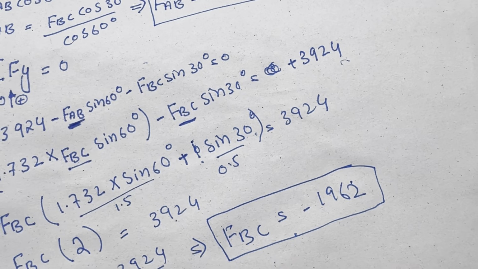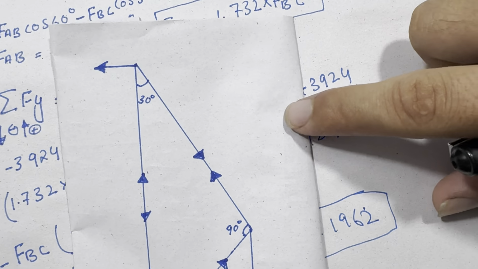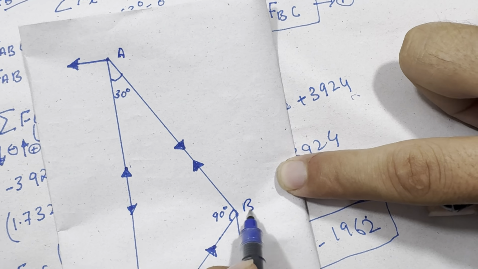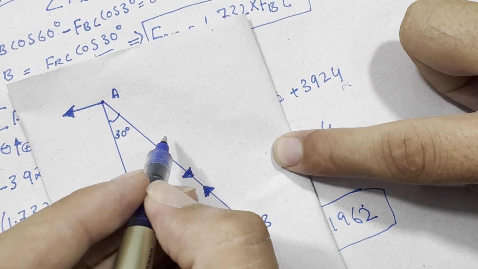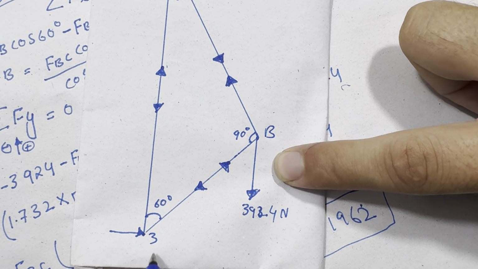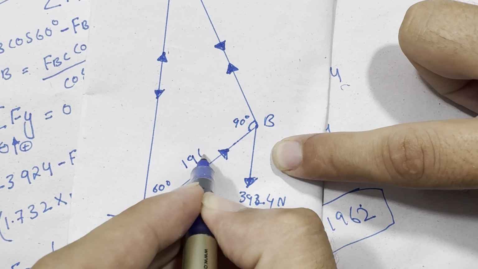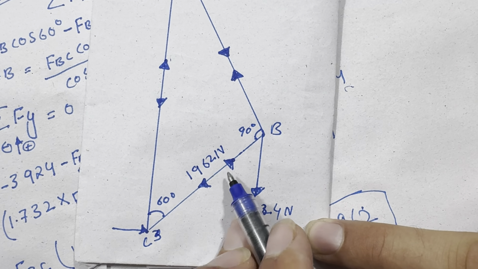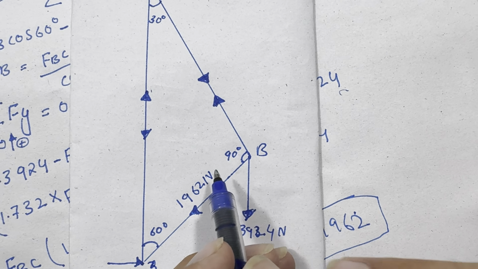So I calculated the force in this member BC, which is 1962 Newton, in compression.